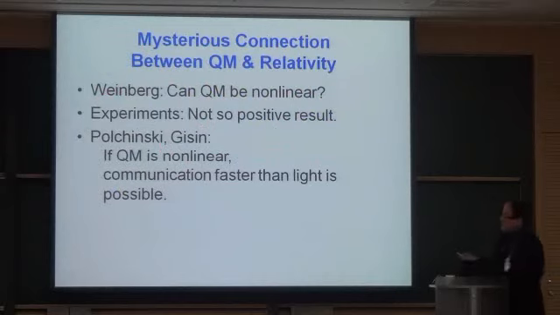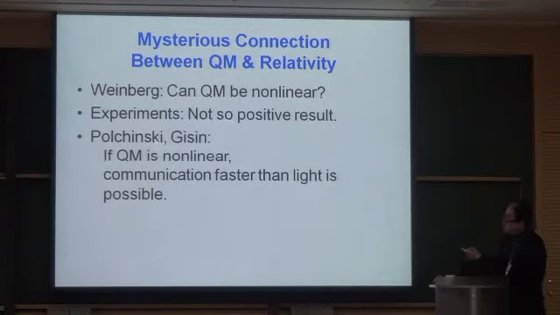And even Steven Weinberg, who got the Nobel Prize in particle physics, did not know this thing in the 1990s, actually. So he asked the question, can quantum mechanics be nonlinear? And experimentalists said no, a null result.